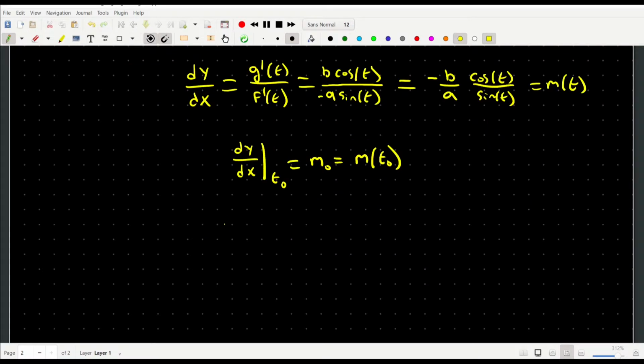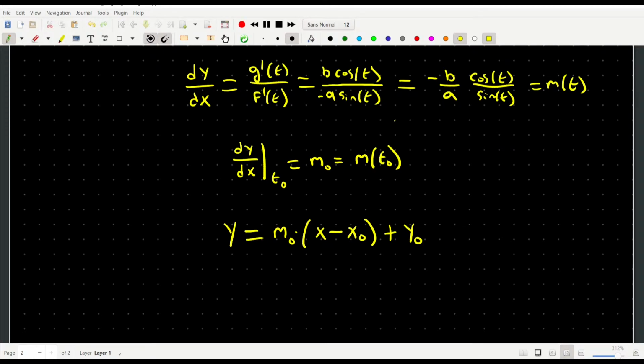So the equation of the tangent line for any value t naught on the ellipse is going to be, and really this equation works for any curve, m naught times x minus x naught plus y naught, where m naught is the slope from this formula.